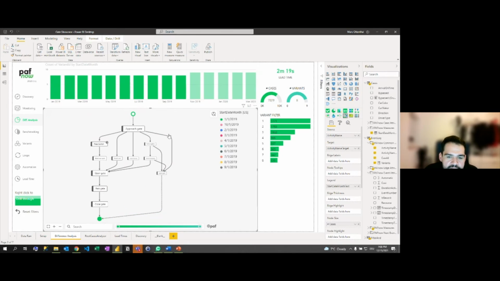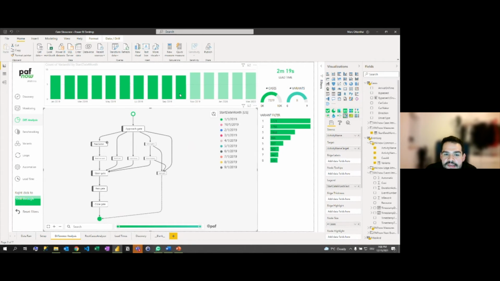Well, what this visual tries to tell us is, okay, did something change? Like, how does the process change in this example over time? So in the legend, currently we have time. It could also be, how does the process change between departments? So it tries to basically highlight which new variant came into the picture based on the attribute we selected. And since we selected time, we are asking which new variant came into the picture at which point.